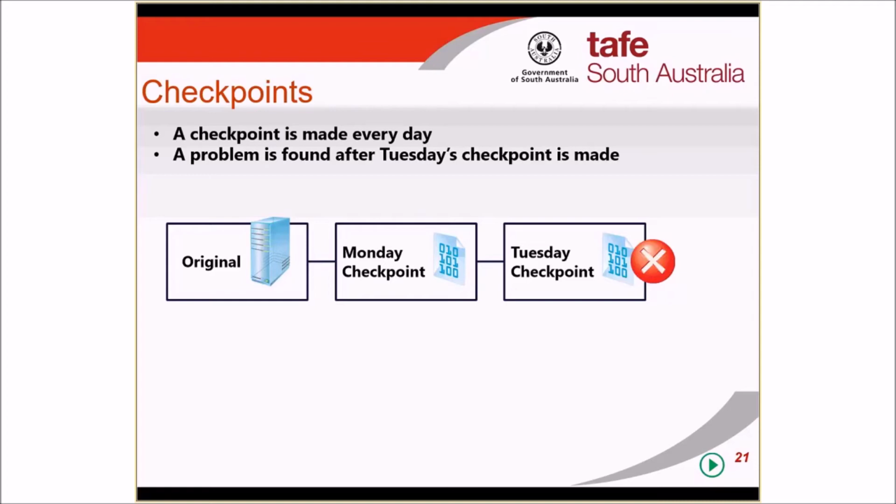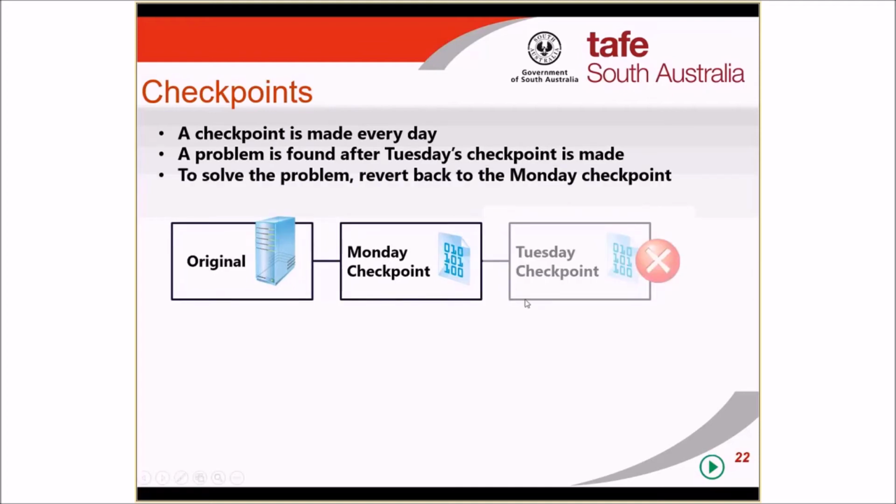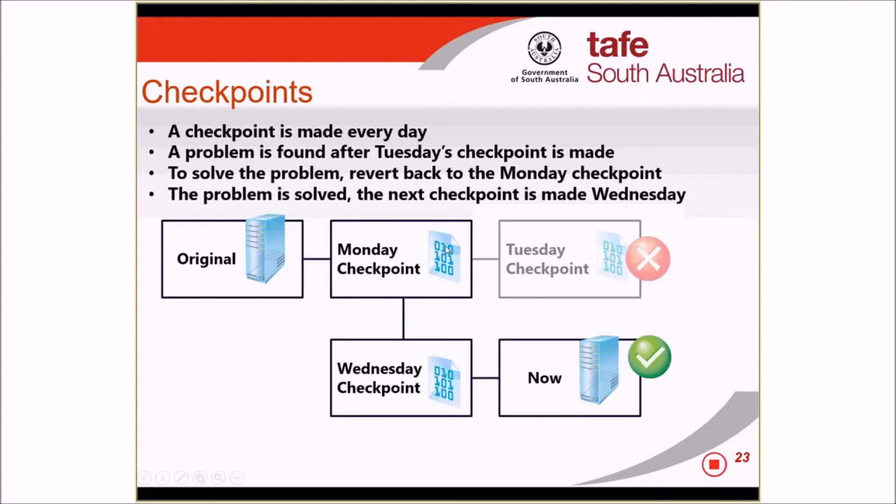I've done this, or that, and now it's completely destroyed. Guess what? We can just revert it back to the Monday checkpoint and continue on making checkpoints every day. And I've just pretended Tuesday didn't exist. That's good and bad. We were able to recover from that big error on Tuesday, but we would have lost anything else that was done on Tuesday as well.